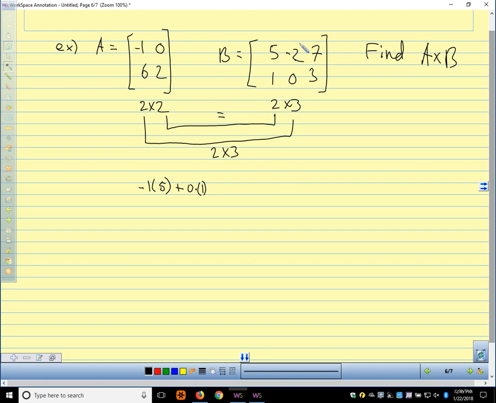First row, second column: -1 times -2 plus 0 times 0. First row, third column: -1 times 7 plus 0 times 3.